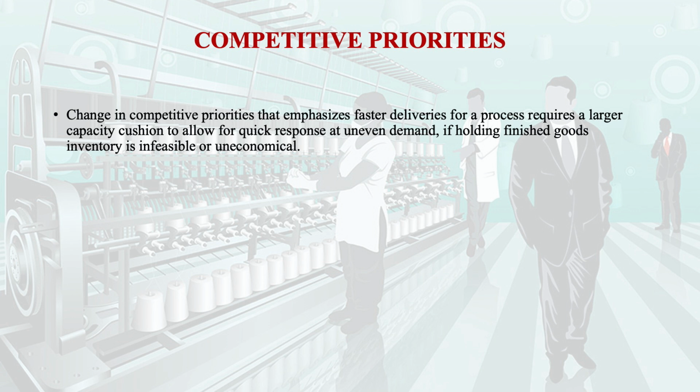If holding finished goods inventory is unfeasible or uneconomical. Friends, we are discussing competitive priorities. One has to consider what their competitive priority is before going for a capacity cushion.